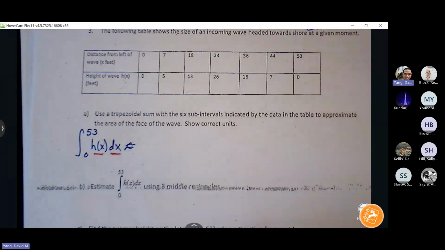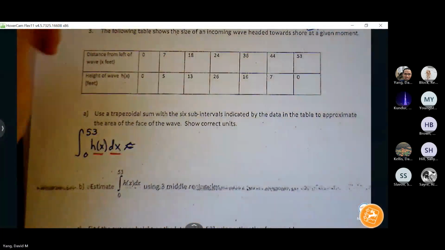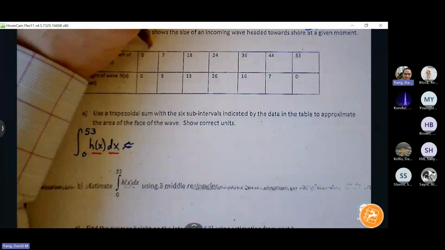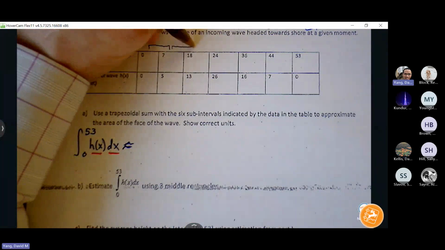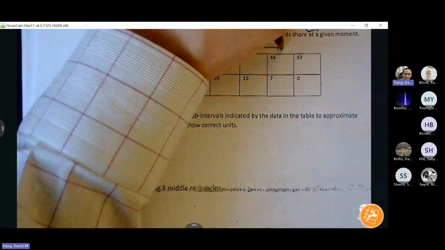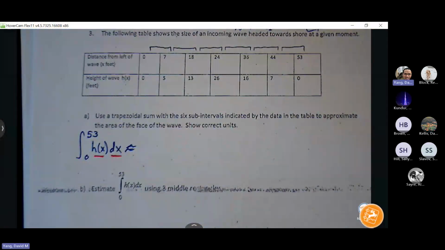All right, 6 trapezoids. So this is my first subinterval, second, third, fourth, fifth, sixth. It's also in your packet, but we're doing the last page of our packet.